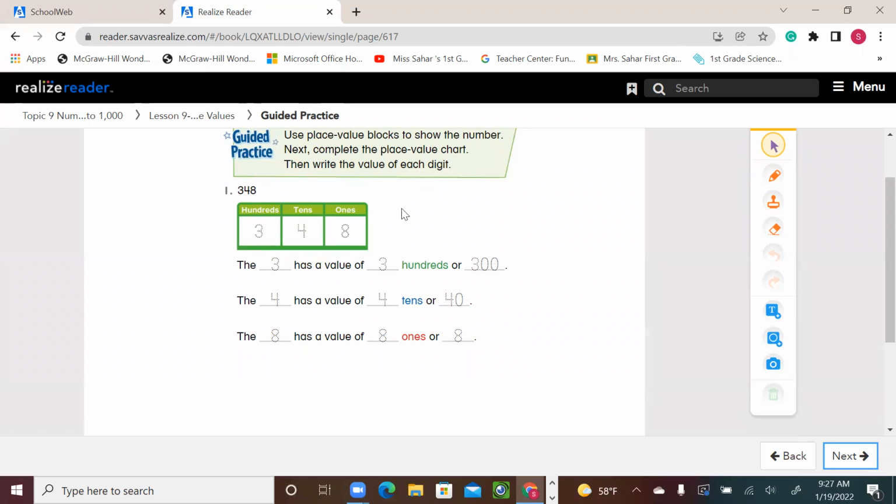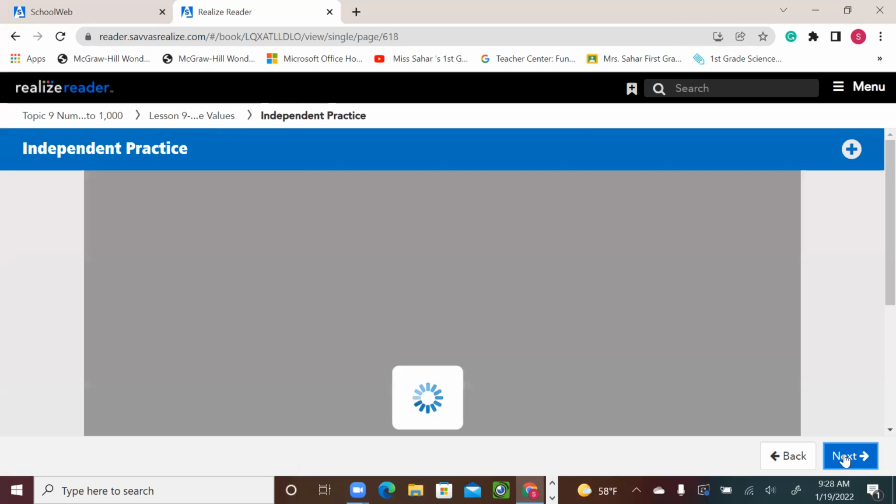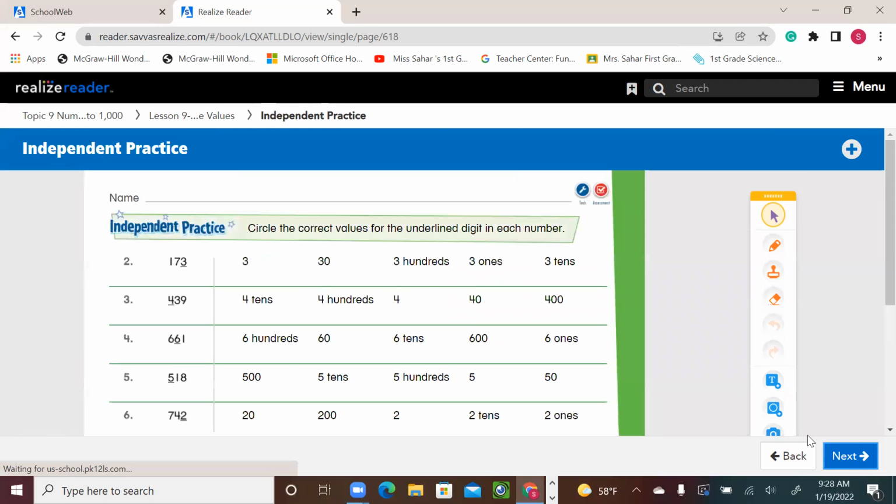So I put 3 under the column that says hundreds. 40, that's 4 tens, and then 8 ones. So this number has a 3 with a value of 300, and this is how to write it. The tens, 4 has a value of 4 tens, which is 40, and the 8 has a value of 8 ones, which is 8.